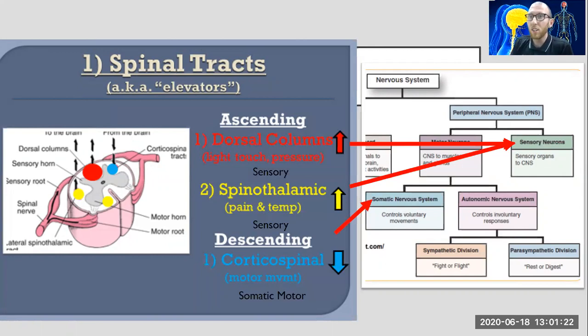So do start to make a differentiation between these sensory ones taking sensory information up, such as light touch, pain, temperature, to your brain, but then from your brain going down, it would be motor movement of the body.